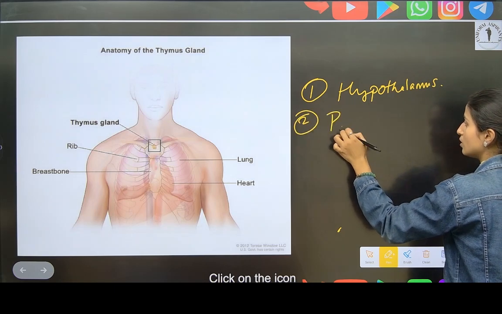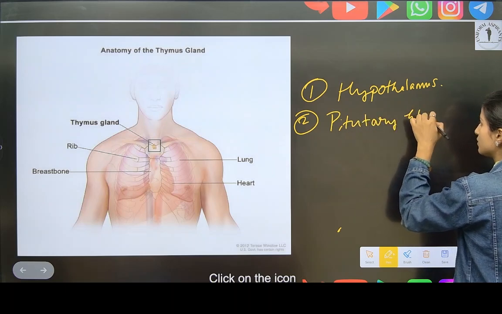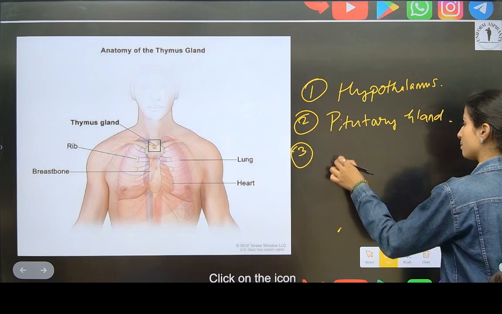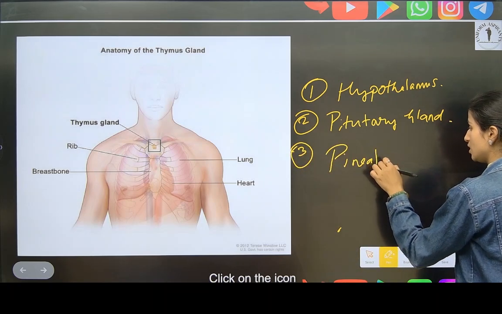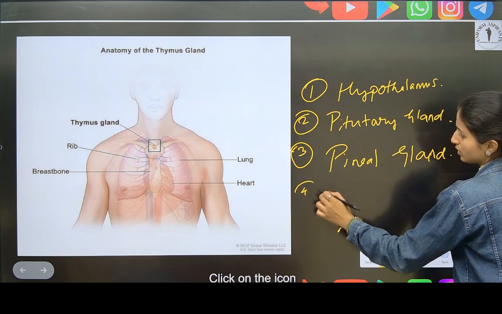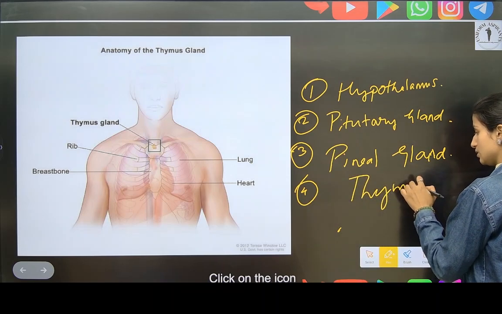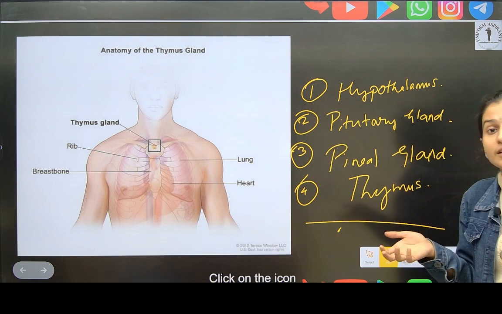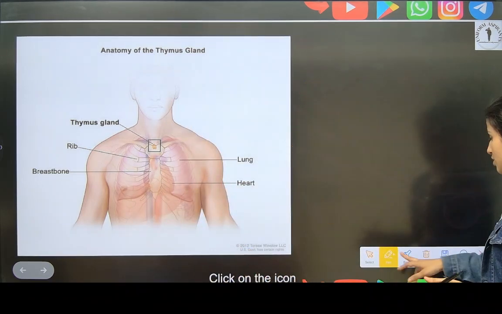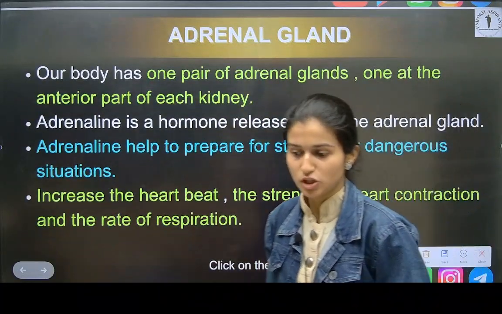Second, pituitary gland. Third, pineal gland. Fourth, thymus. Now we are going to learn the fifth gland, which is the adrenal gland. Before that, let me check your comments.